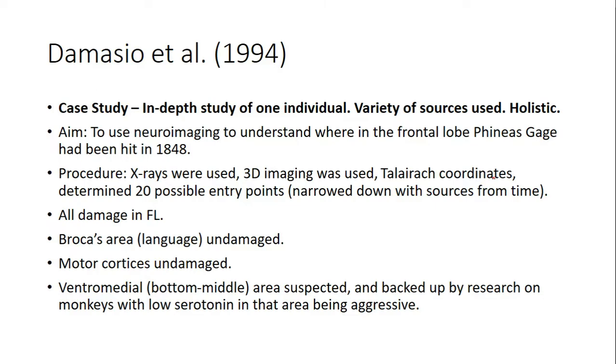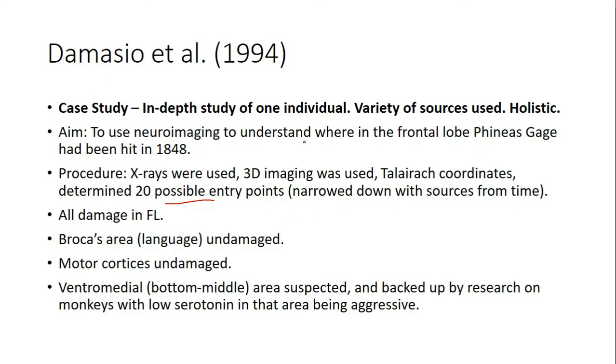They map out where in the brain something is, and 20 possible entry points were then determined for where Phineas Gage was struck by the tamping rod, narrowed down with sources from the time, from doctors, from peers, from people like that.